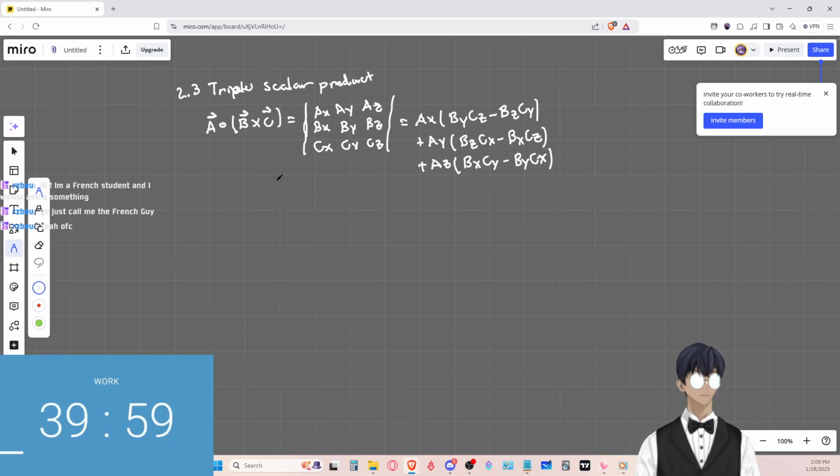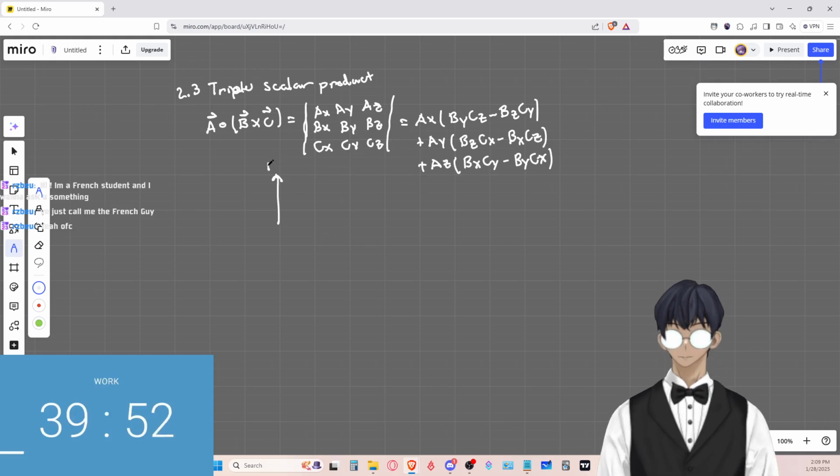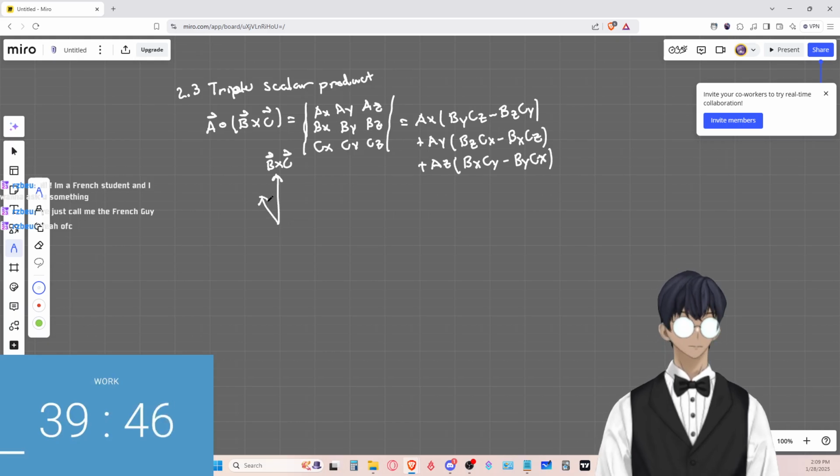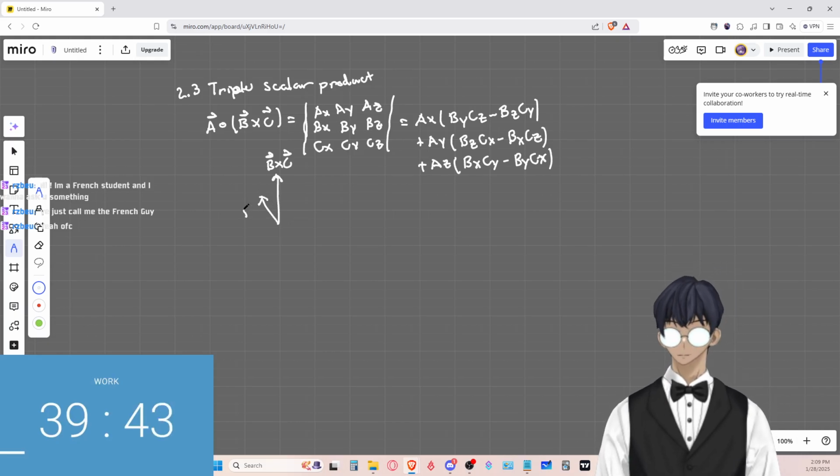I'm just going to draw this diagram because I think it's really cool. This is a new note-taking app for me, guys, so I don't know everything about this app yet.